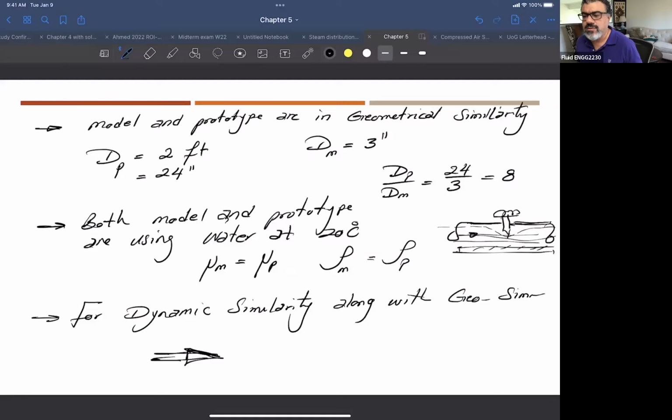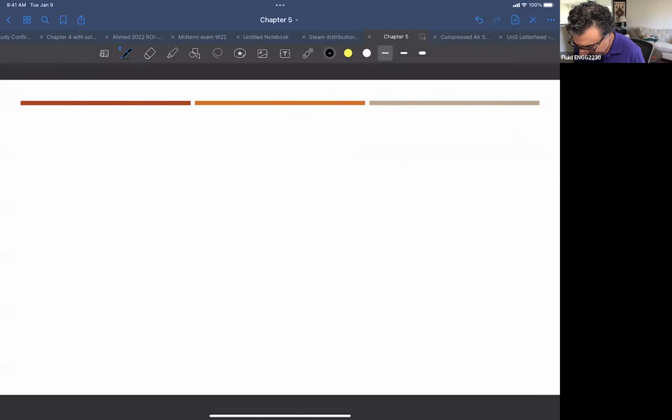Reynolds number, right? So we can say, for example, in this case, Reynolds of the model should be equal to Reynolds of the prototype. Okay, and this will lead to your solution for this problem. So Reynolds of the model equals Reynolds of the prototype. Reynolds, we know, is rho v d over mu, but all this will be model.